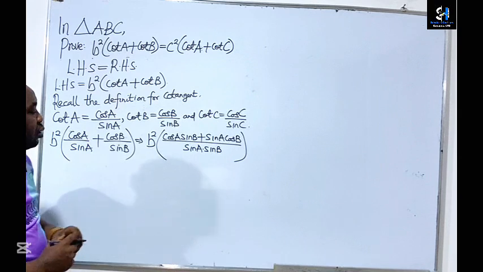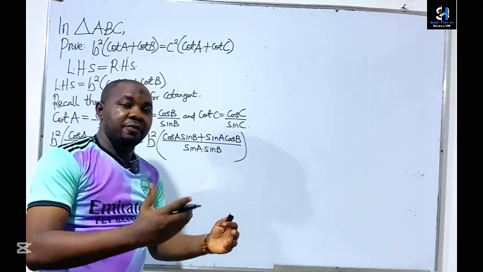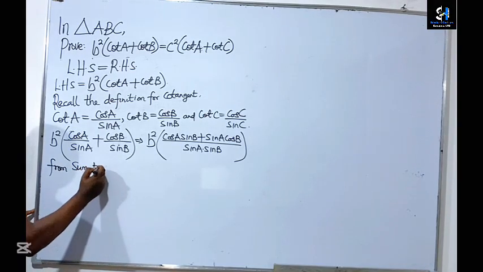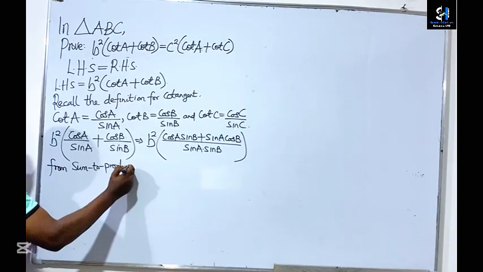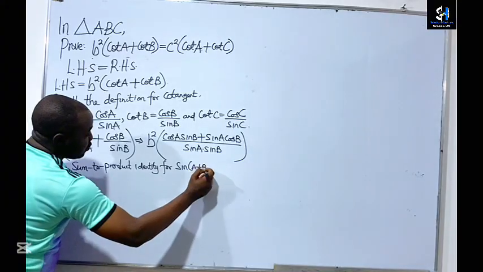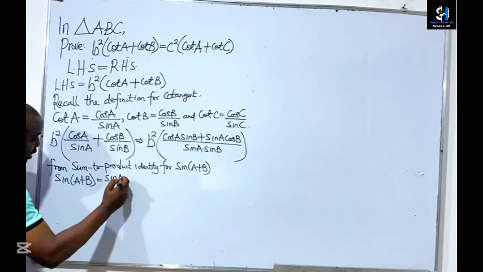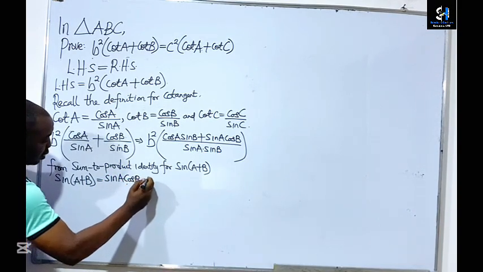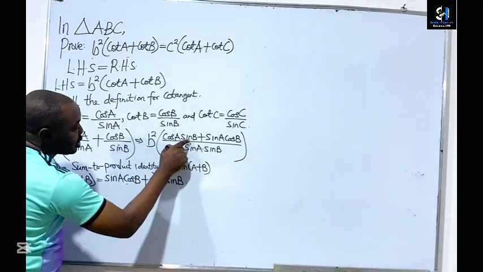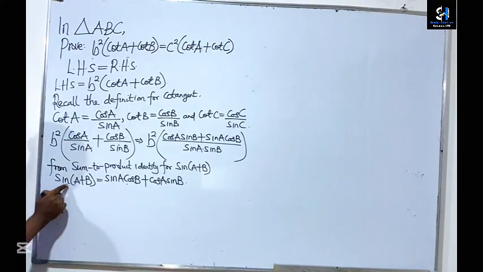Now again, let's recall the sum-to-product identity for sine of A plus B. We have that sine (A plus B) equals sine A cos B plus cos A sine B. Which means cos A sine B plus sine A cos B will be equal to sine (A plus B).